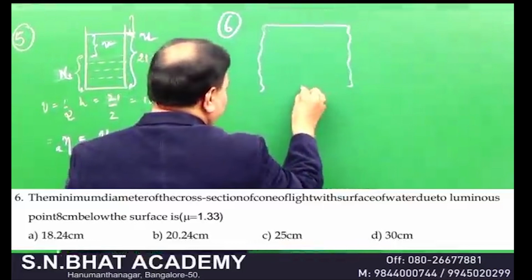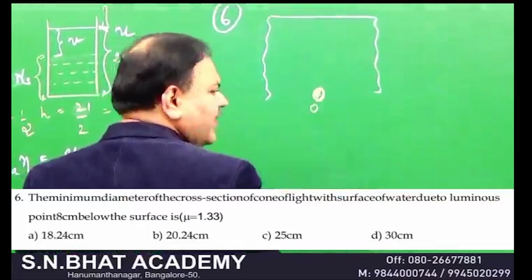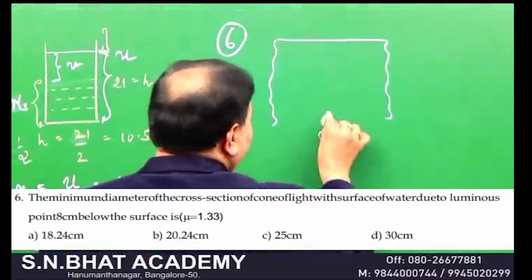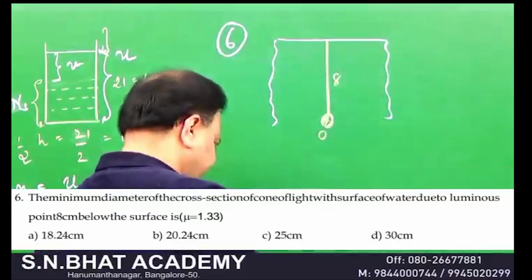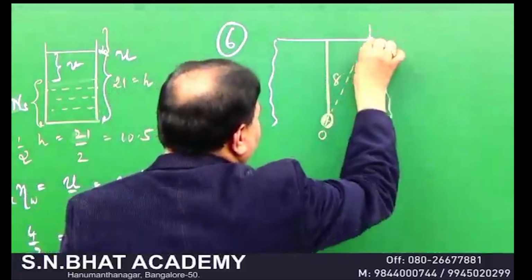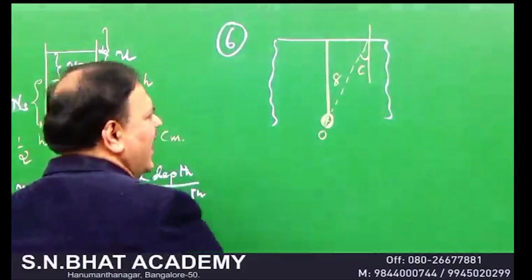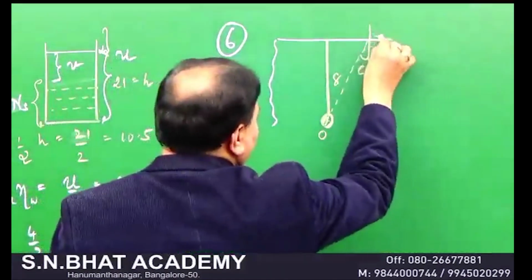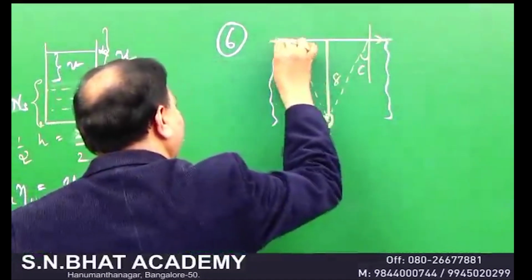What he says is, here is an object. He says this object is at a depth of 8 centimeter from here. Light from here, you know that when it is incident at the critical angle, it grazes the surface. And here also, it grazes the surface.